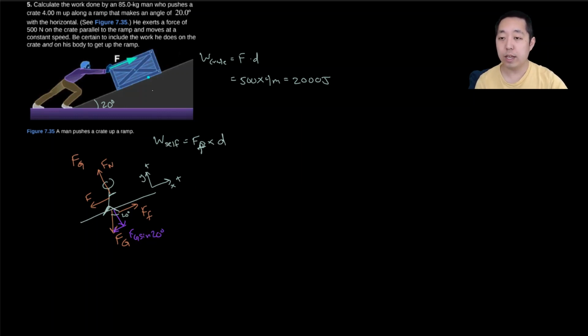So if I look at the net force in the x direction, the force of friction is positive, then F is negative, then Fg sine 20 is negative. This is the force of friction minus F minus mg sine 20 degrees.